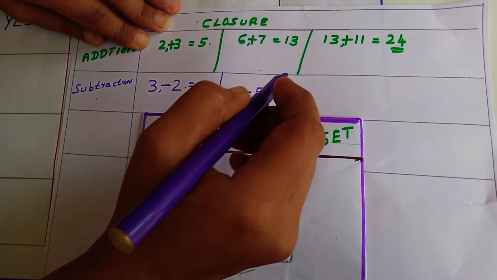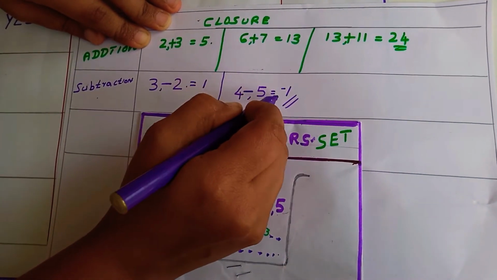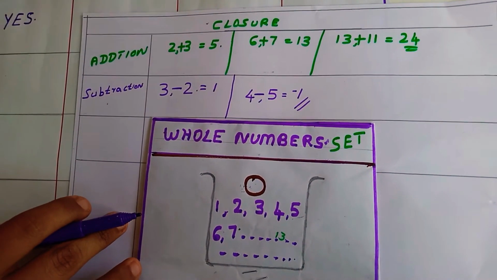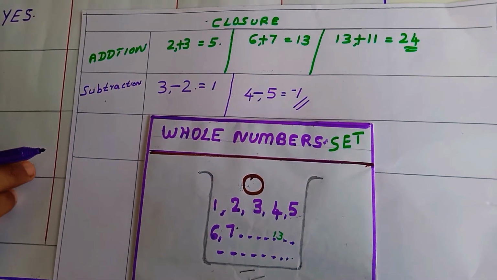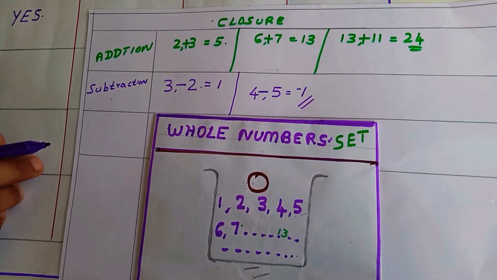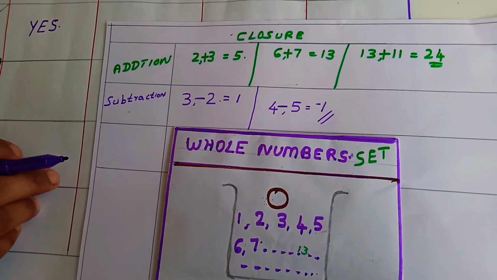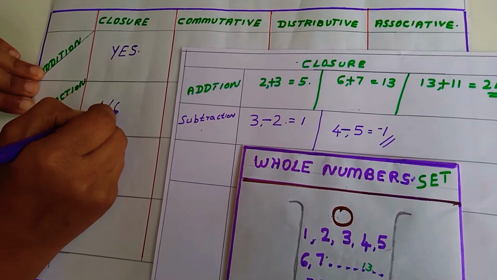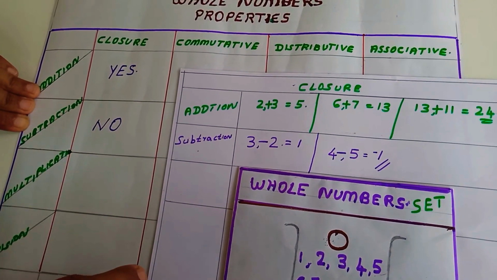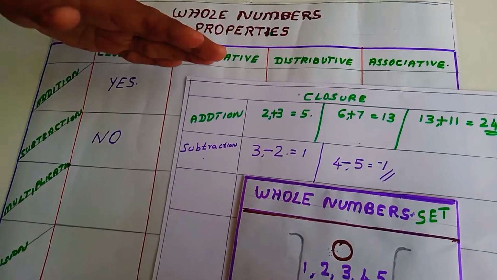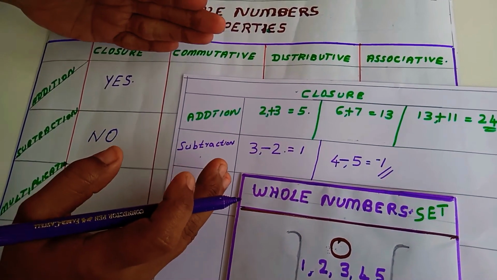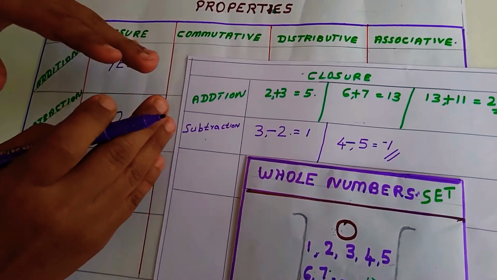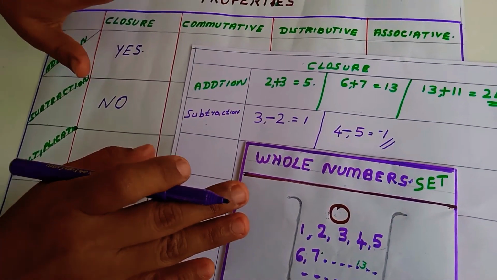So we can say that whole numbers are not satisfying closure property under subtraction. So here I am going to write no. You understood this? If you take any numbers, sometimes the answer will be in the set, sometimes you can't see the answer in that set.